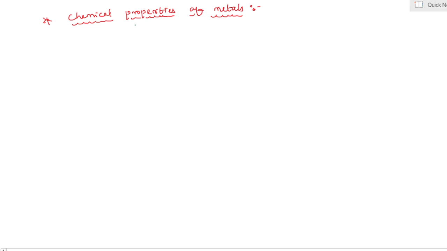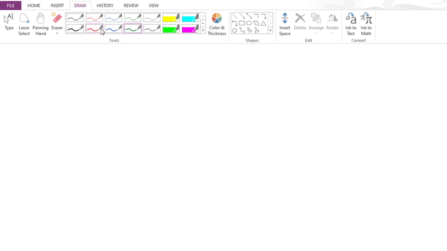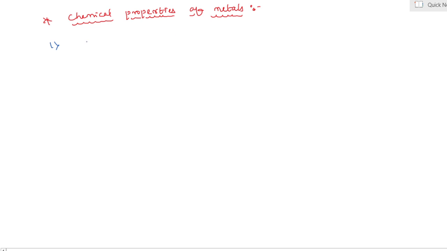Chemical properties of metals. Reaction of metals with oxygen. First one, reaction of metal with oxygen. Yes, almost all metals combine with oxygen or air to form metal oxides.